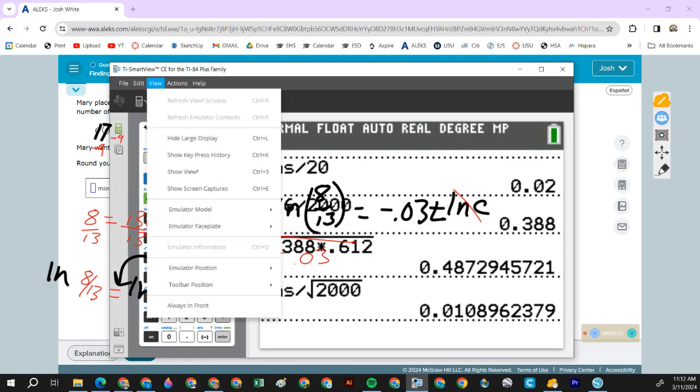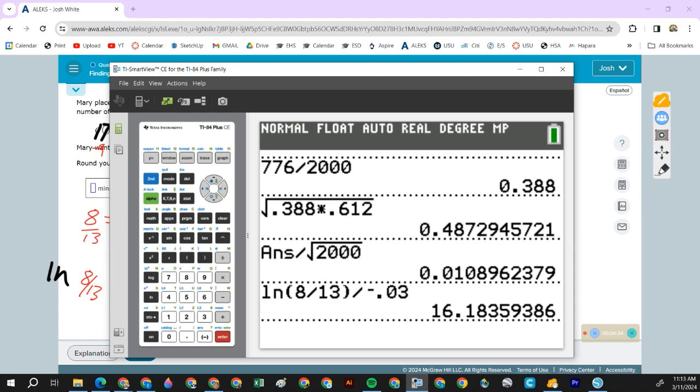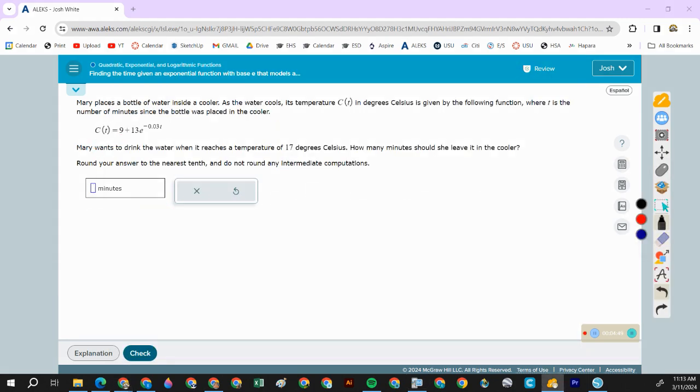So the ln of 8/13 divided by negative 0.03, 16 minutes. Well, 16.18 minutes. She can pull it out of the cooler and drink it when it's 17 degrees. That's weird. Okay.